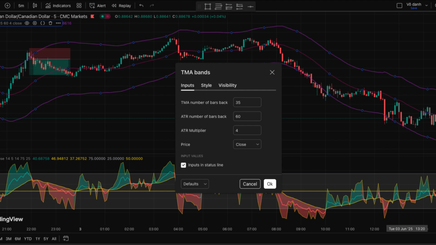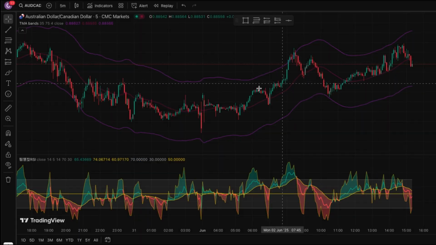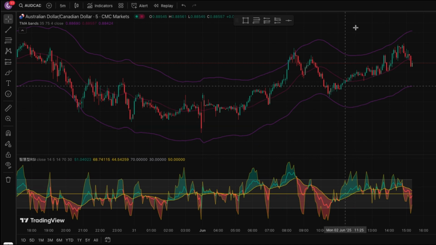Set the period to 35, then set the deviation to 60, and finally the ATR multiplier to 4. This will plot 3 smooth bands, an upper band, a middle line, and a lower band. They work just like Bollinger Bands, but with less noise and a much cleaner look. These bands help us spot overbought and oversold price zones with greater clarity.